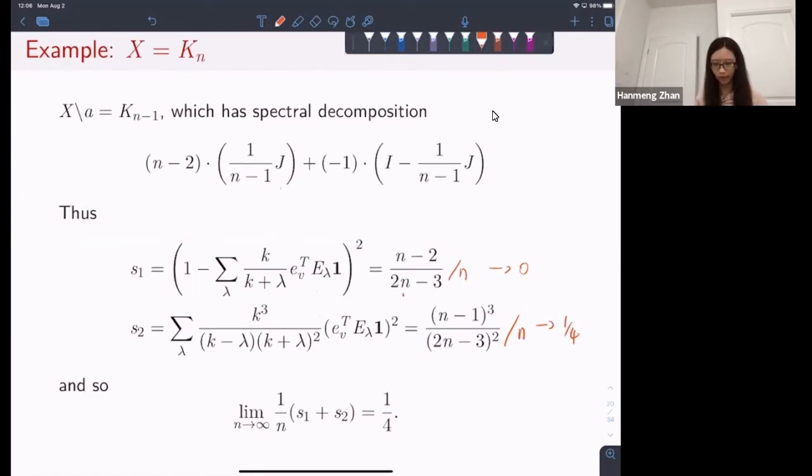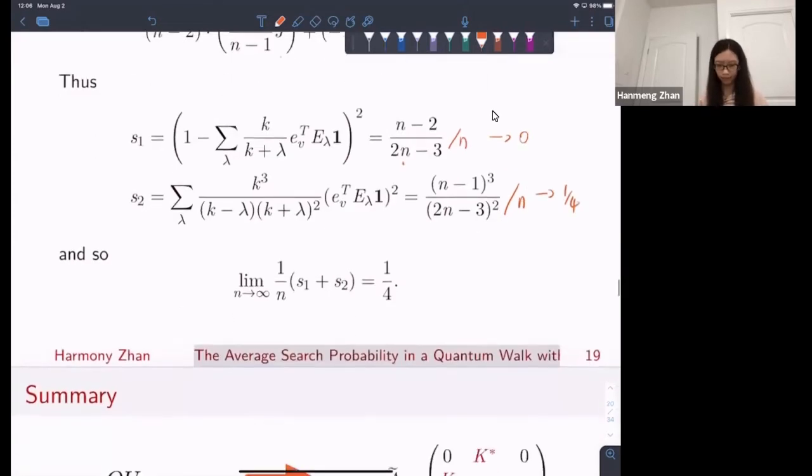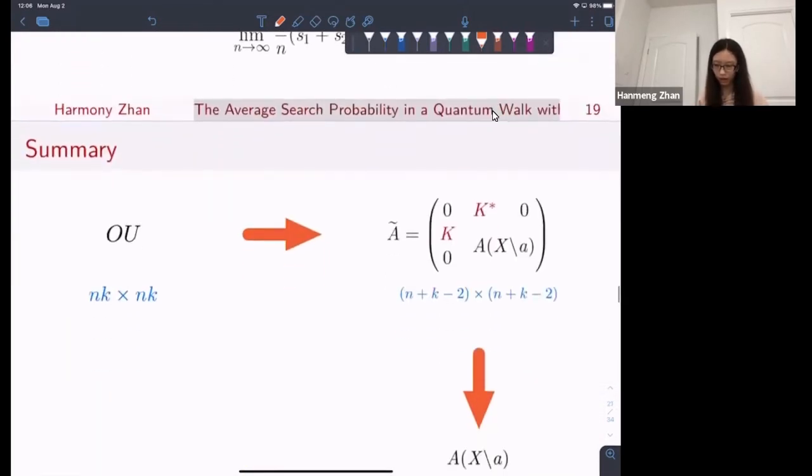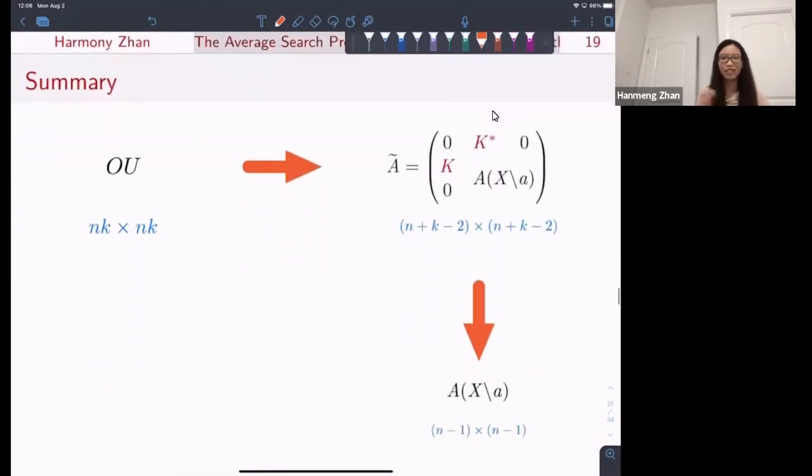Okay. Now, what about other graphs? Before I proceed, let's just summarize what we have done. We have translated the problem on this arc by arc matrix to a problem on the augmented graph. And if the graph is distance regular, then we can further translate into a problem on the vertex-deleted subgraph, which is much nicer now.